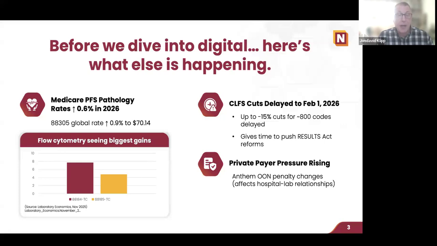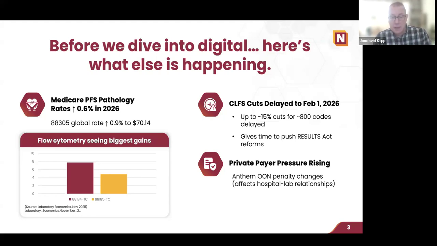Also, for the flow cytometry code 88185, which covers each additional marker after that first marker, billing is going up by 4.8% to $23.05.